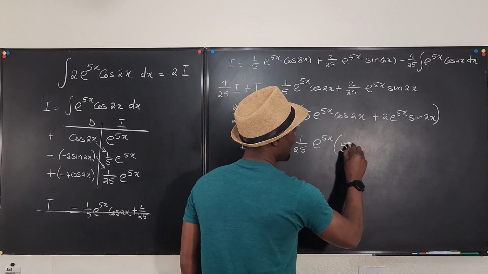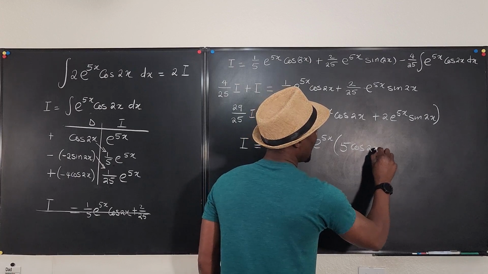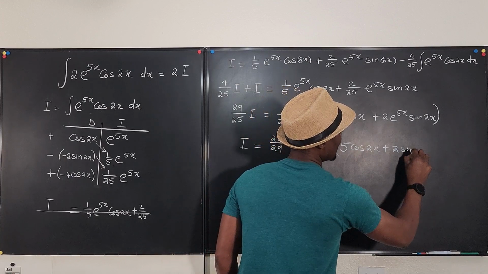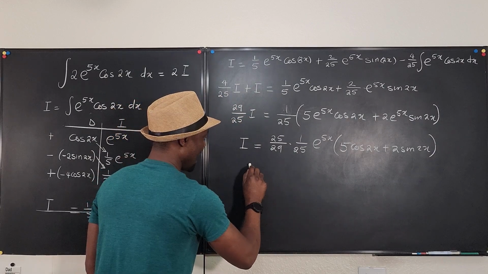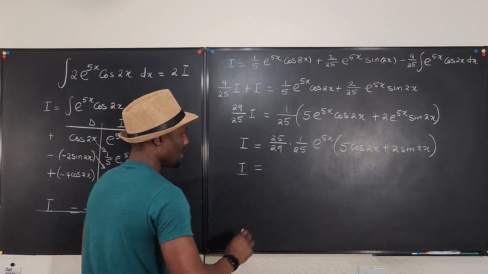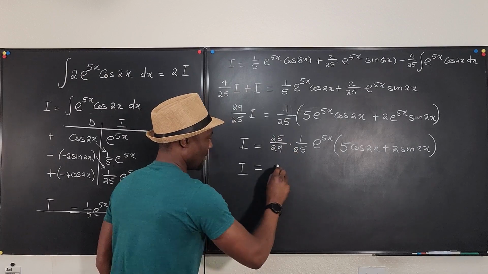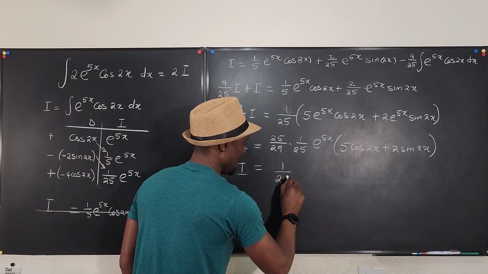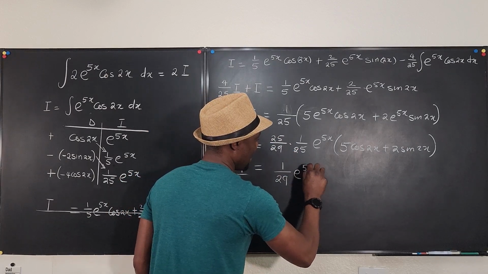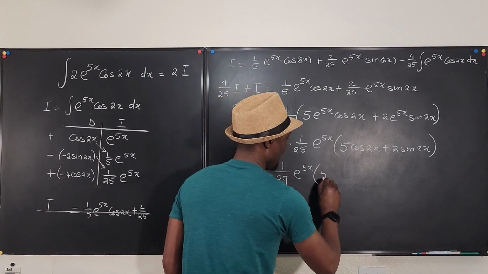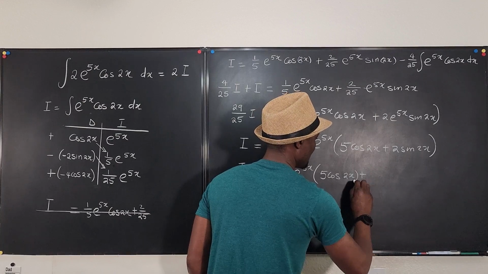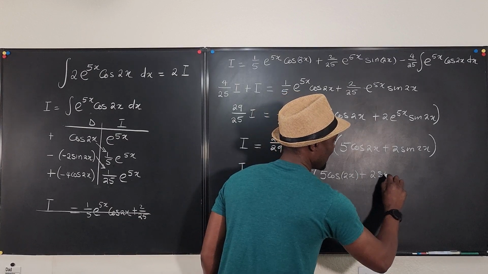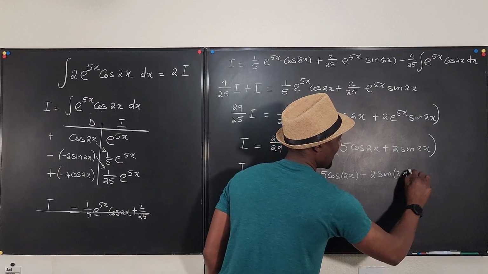And this is going to be 5 cosine 2x plus 2 sine 2x. Okay, nicely done. So that I is going to be equal to 1 over 29 e to the 5x, 5 cosine 2x plus 2 sine 2x.